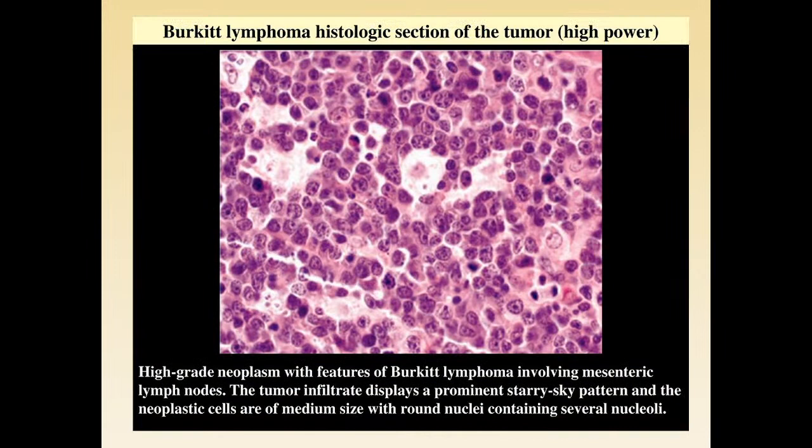Microscopically in Burkitt lymphoma, on histological examination you can see neoplastic cells with signs of atypia, polymorphism, hyperchromic nuclei, and pathological mitoses.